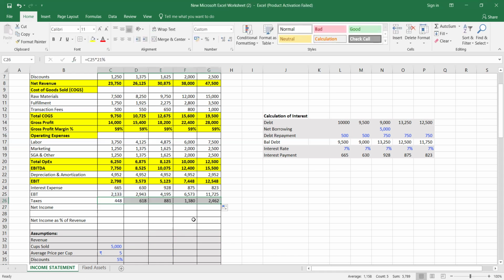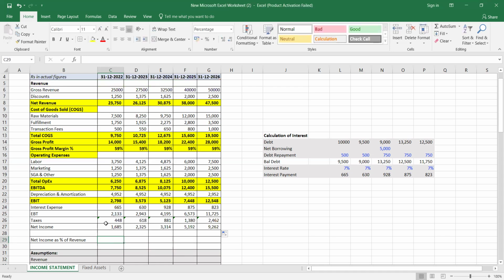Done. Then how do you calculate net income? Equal to EBT minus tax. You will get this as net income. Now you got this as net income. So now we are going to calculate the net income as a percentage of net revenue.